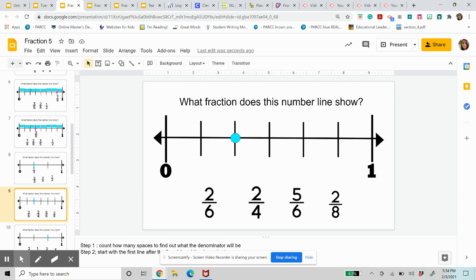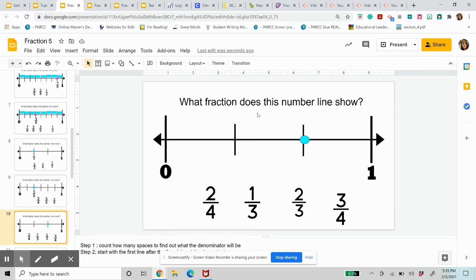Write one of these fractions down, right? So we know that there's 6 sections to make up this whole. Okay. So if you wrote 2/6, you would be correct, right? 1/6, 2/6, 3/6, 4/6, 5/6, and this would be 6/6, the whole.